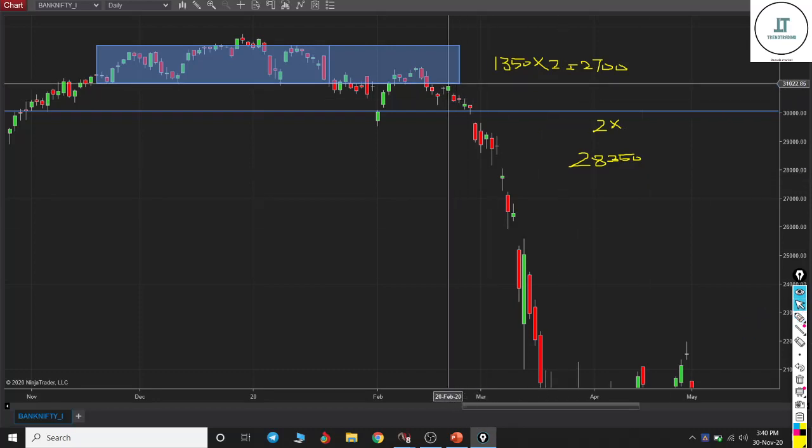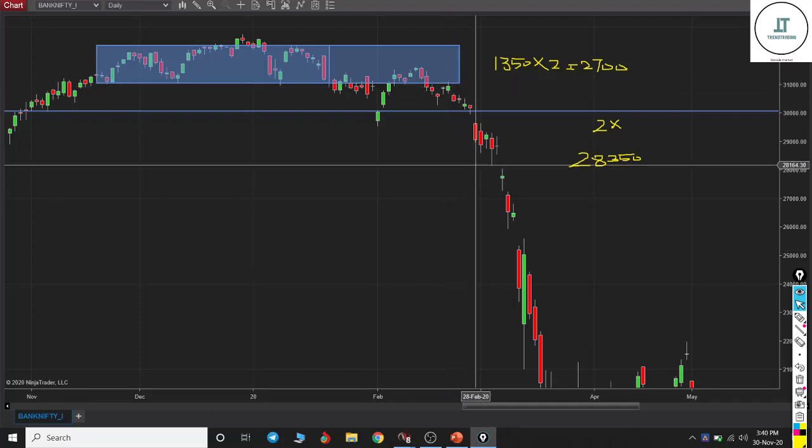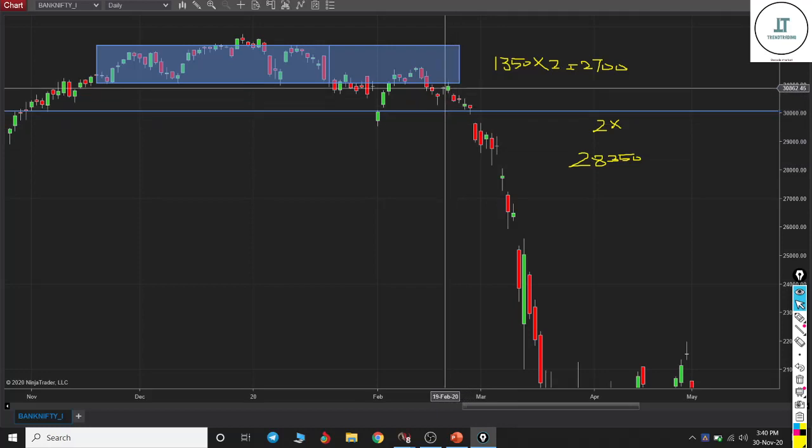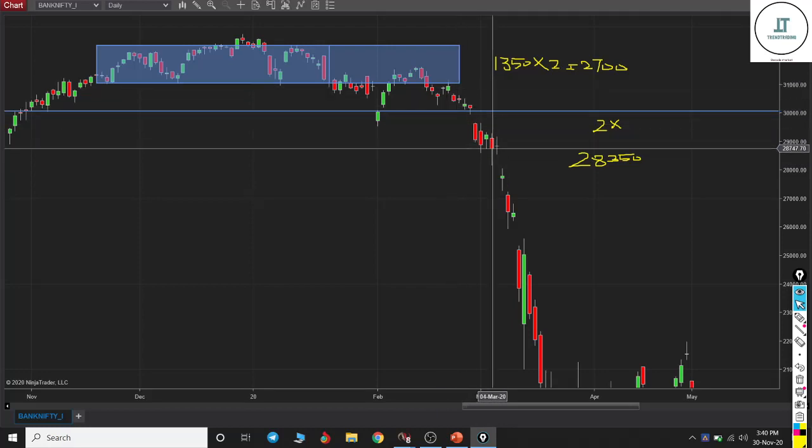From 31,050, from this point of rejection on 20th of February, 28,350 got triggered here. Look at this, I'm moving the scroller to the downside. The low of 4th March was 28,250. That is from 20th of February to 4th of March.